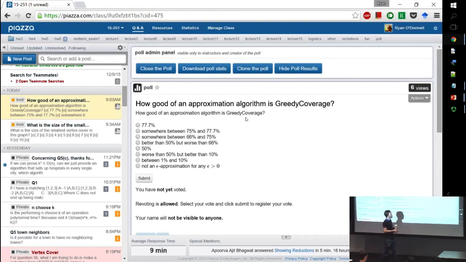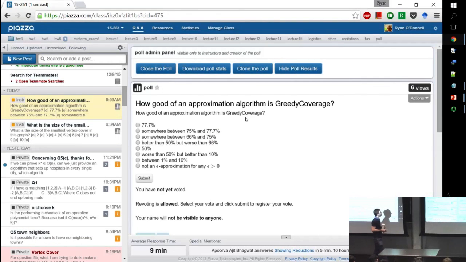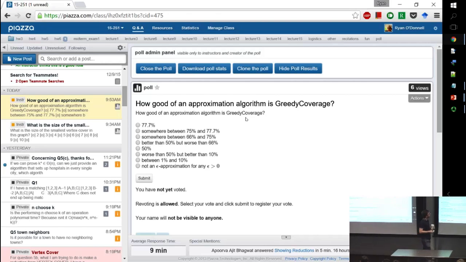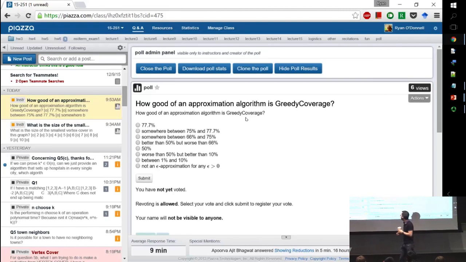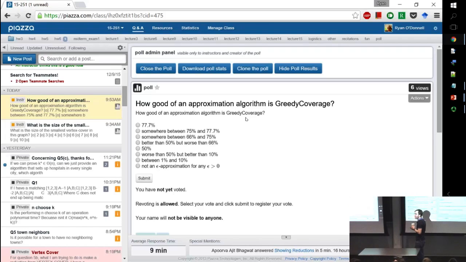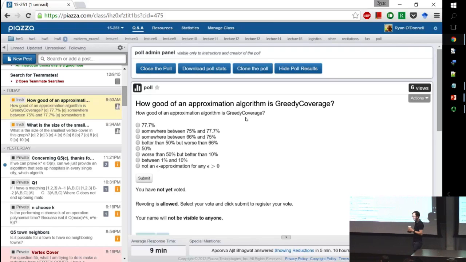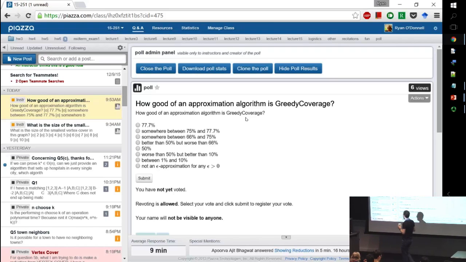So at best, it's 77.7%. Maybe it has a guarantee it always gets you at least 75%. Maybe it always gets you at least 2/3. Something like 50%. Maybe it's quite bad. Maybe it's like greedy doesn't even give you 1%. Without having played around with it, there's no way for you to know. But I don't know, just take a guess. Prove you were here.